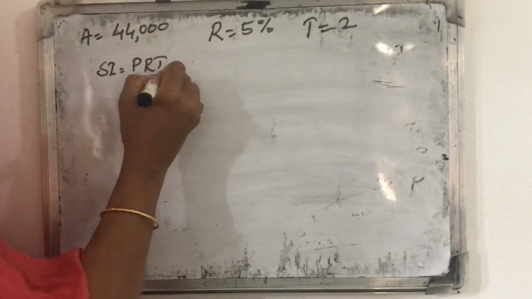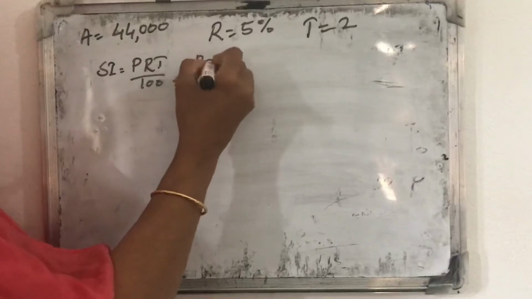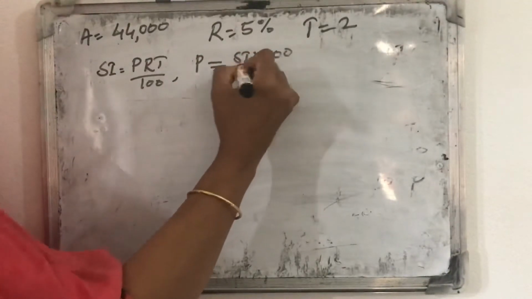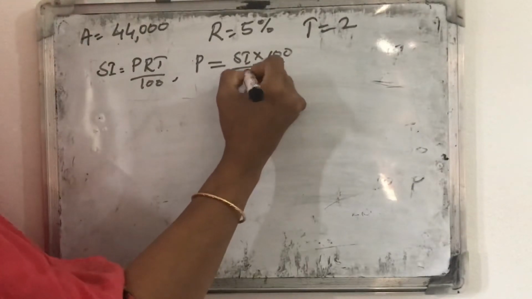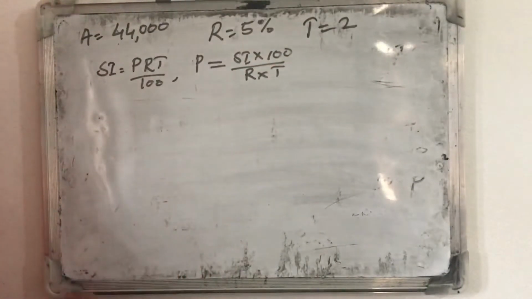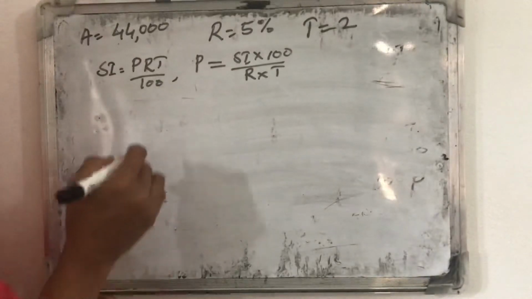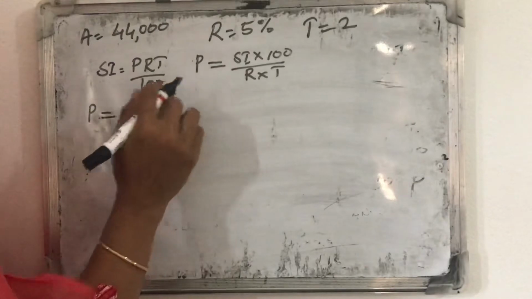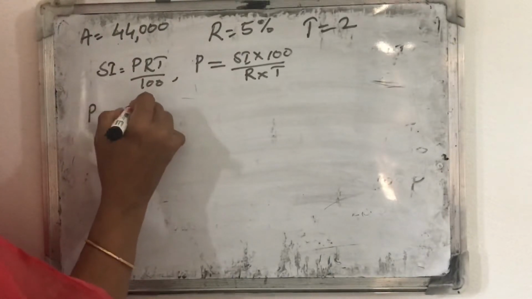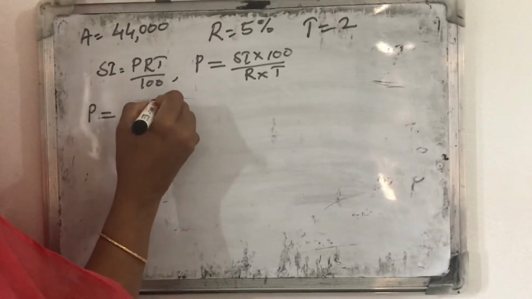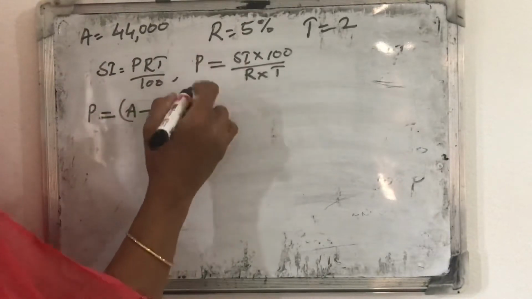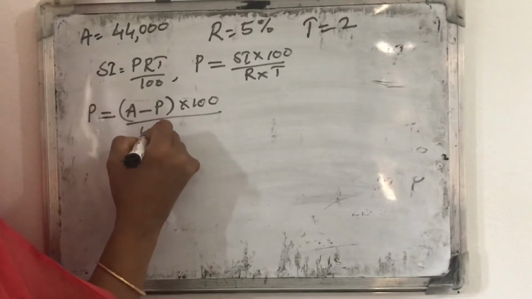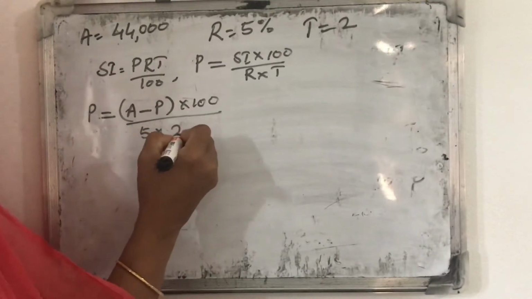From that we form the equation for principal equal to simple interest into 100 divided by R into T. Then we substitute for simple interest A minus P. A minus P into 100 divided by R is 5 and T is 2.